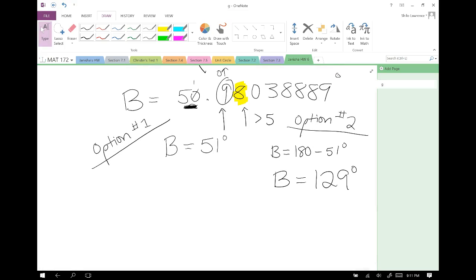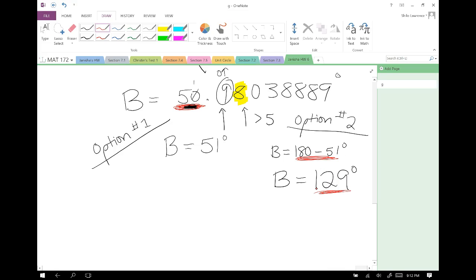So right now we have two possible answers. B is 51, we got from the calculator. It's also possible that that's a reference angle, because remember, sine can be positive in quadrant 1 and quadrant 2. So it could be the calculator gave us back a reference angle and we have to subtract it from 180, and it could be that B is 129.